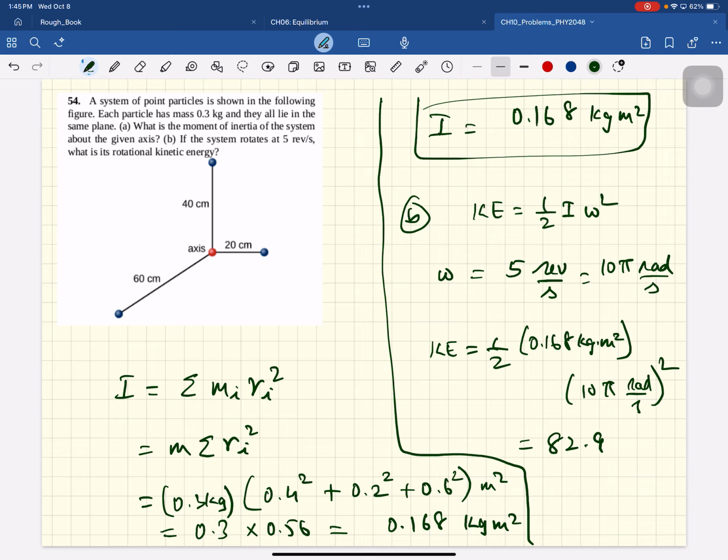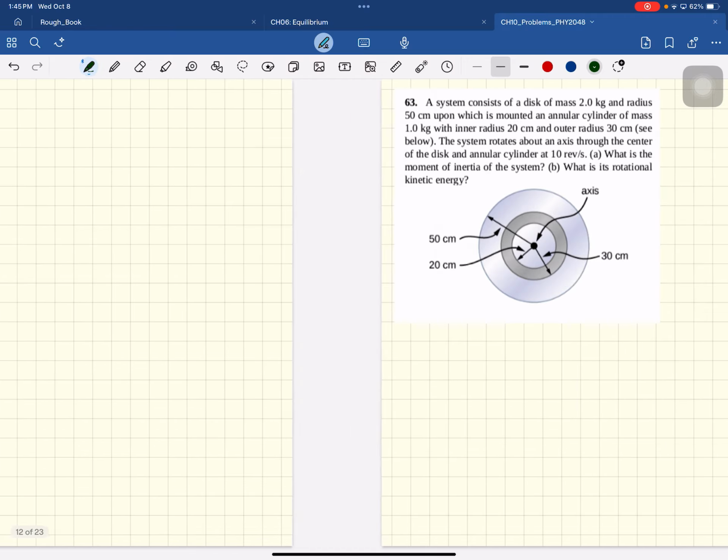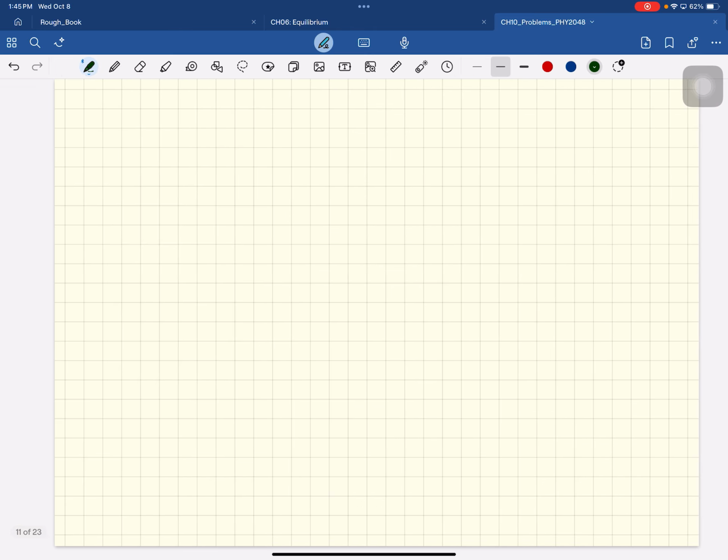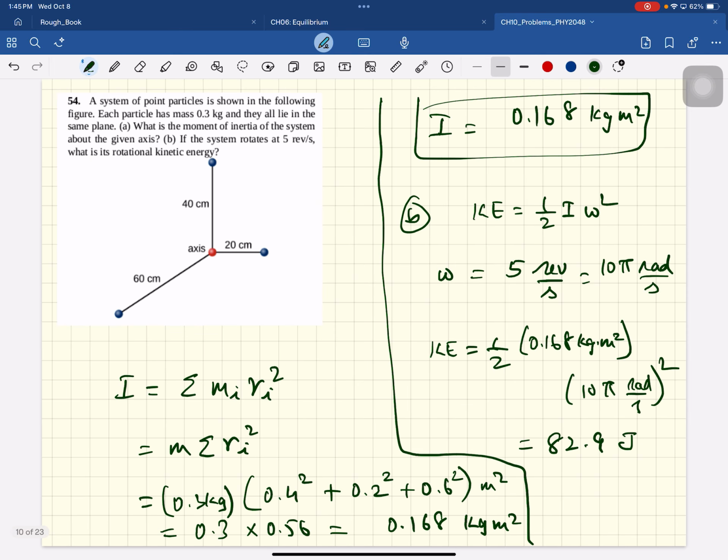Joules. When you did the inertia, why did you use 0.4, 0.2, 0.6 for all the radii? That's in meters, 0.4 meters. Oh, you needed meters. I see, they're meters squared.